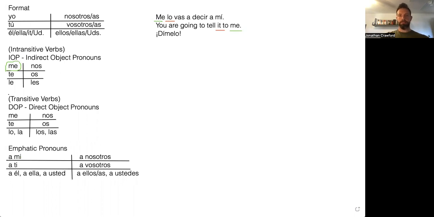And then the lo is a direct object pronoun. Because in Spanish, the indirect object pronoun always comes first.